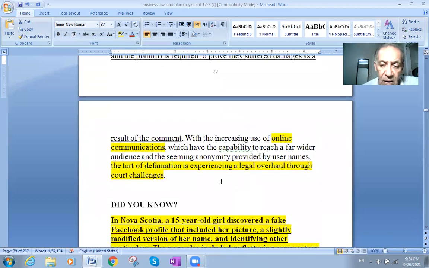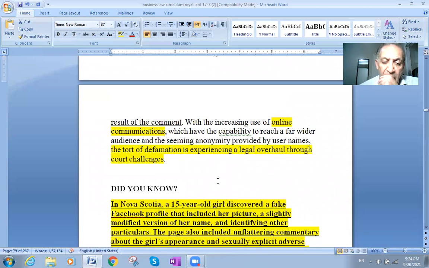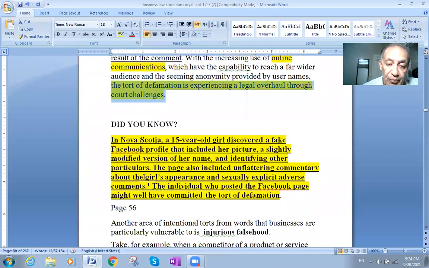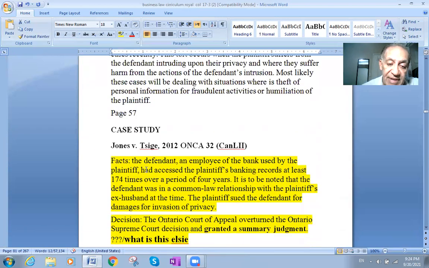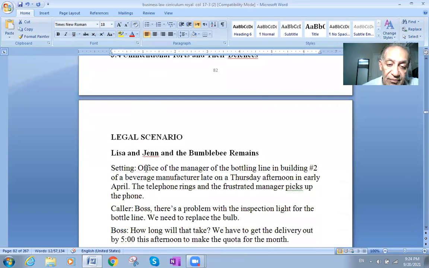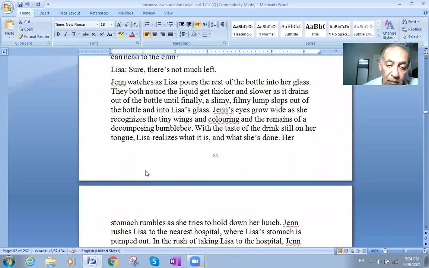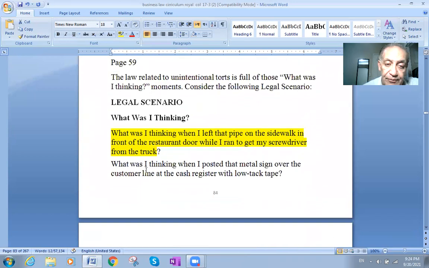Okay. The tort of defamation is experiencing a legal overhaul through court challenges. We have some examples here.